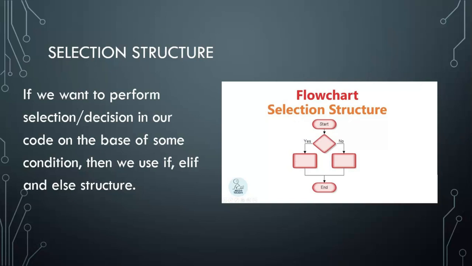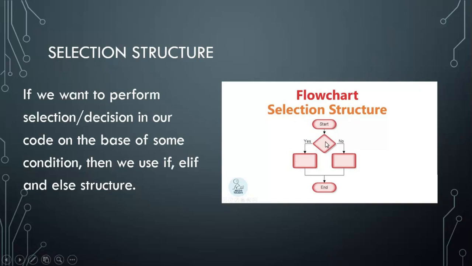In Python we use if, elif and else statement. This is a flowchart to explain the selection structure. First we read a condition. If it is true, mean if, then we will go to yes side.